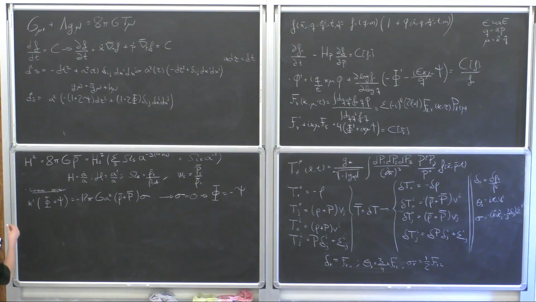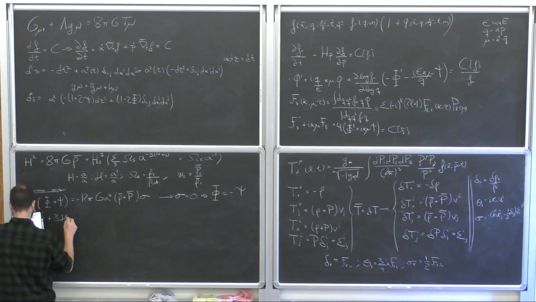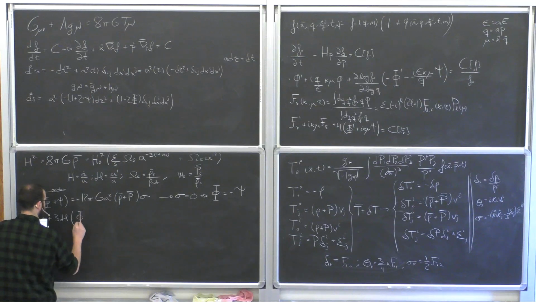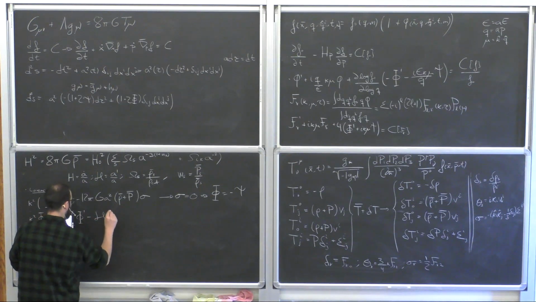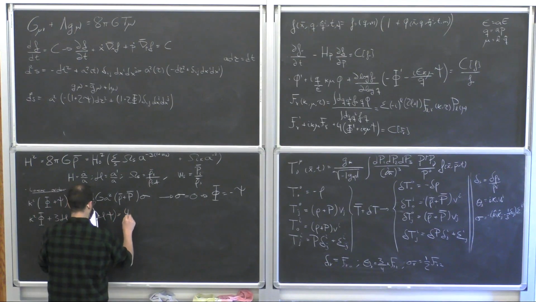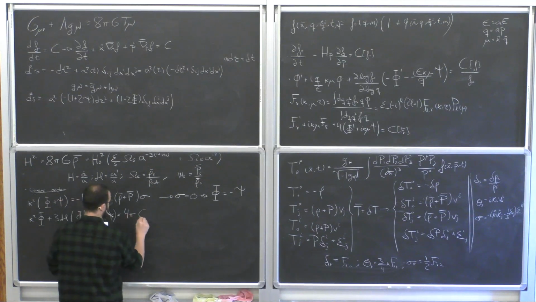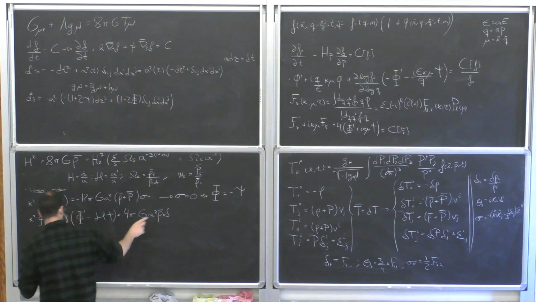From the time-time component of the Einstein equation, we have that the Laplacian of phi plus 3 conformal Hubble times the time derivative of phi minus conformal Hubble times psi is equal to 4 pi G a squared times the mean density times the perturbation.